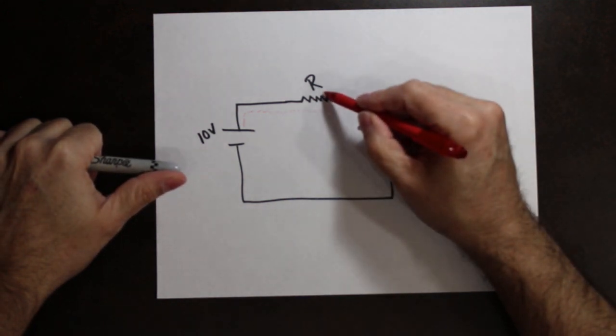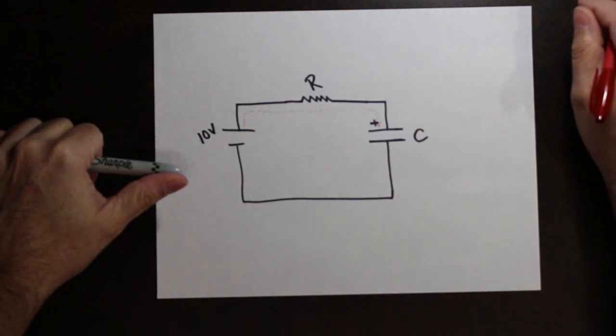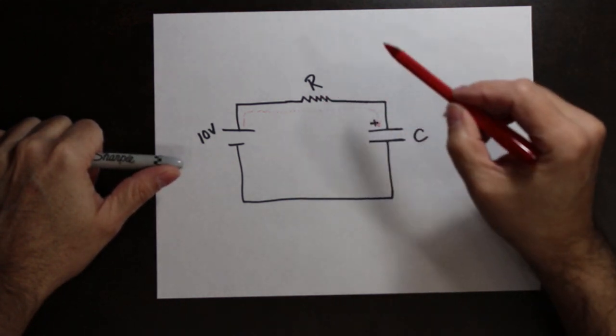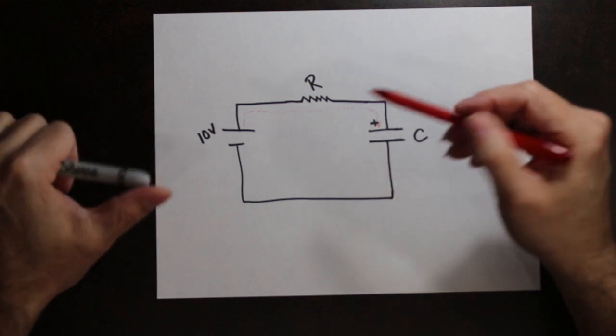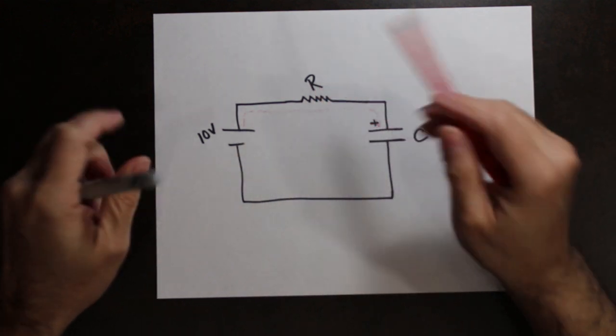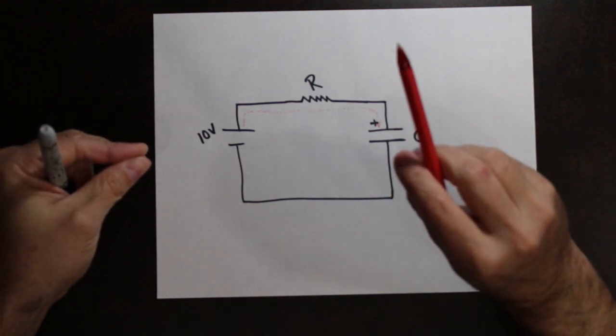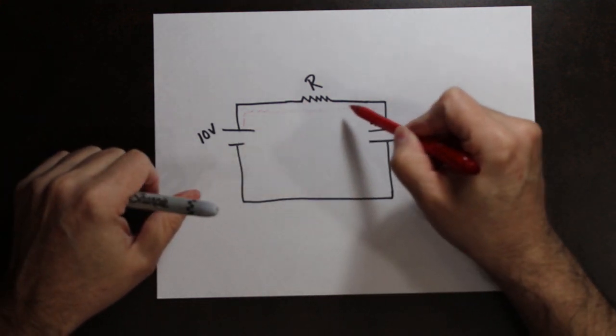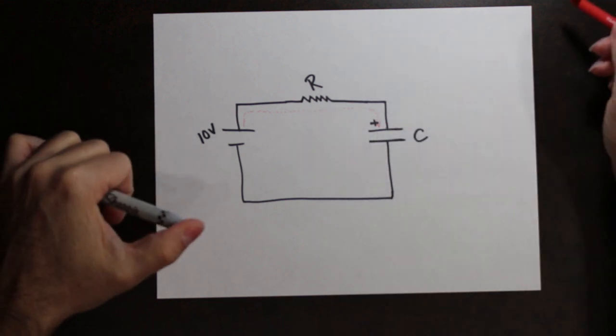What is the job of a resistor in electronics? The job of a resistor, if you remember, is to limit the current flow, so that there's not a huge rush of current. This resistor kind of keeps everything under control. And then we're going to basically charge up the capacitor.